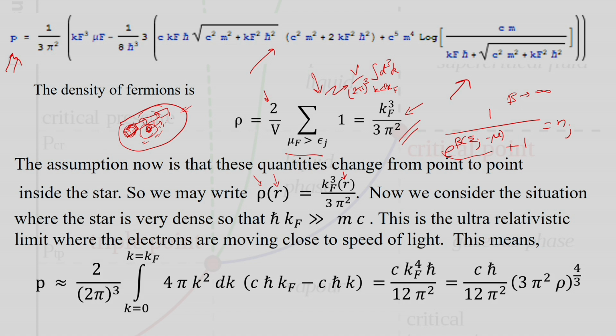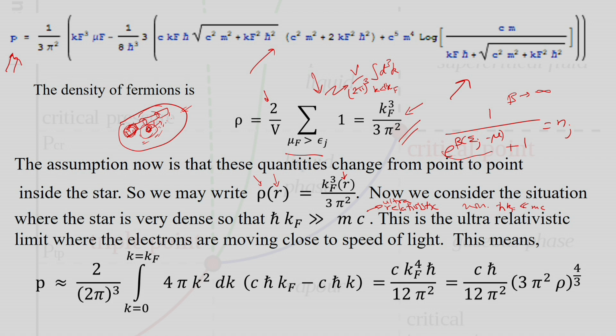In fact, Chandrasekhar did both the calculations. He studied the ultra relativistic limit. The non-relativistic limit would be the opposite, which is h bar kf much less than mc.